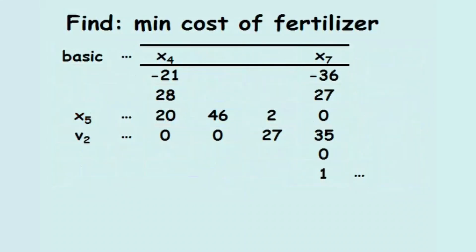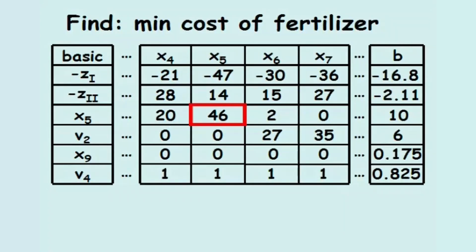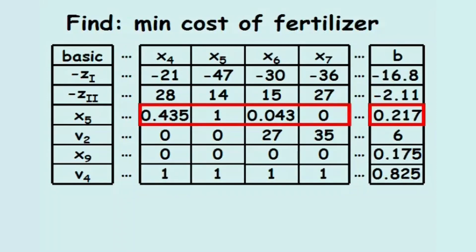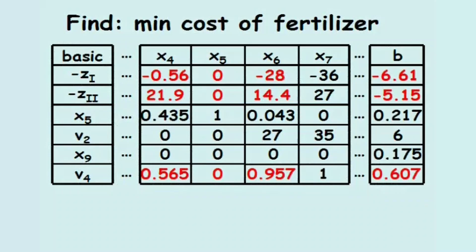For this iteration, pivoting about variable x5 involves dividing row x5 by 46, adding 47 times row x5 to row z1, subtracting 14 times row x5 from row z2, and subtracting 1 times row x5 from row v4. So far, artificial variables v2 and v4 are still in the basis.